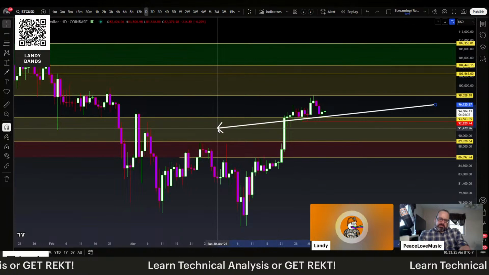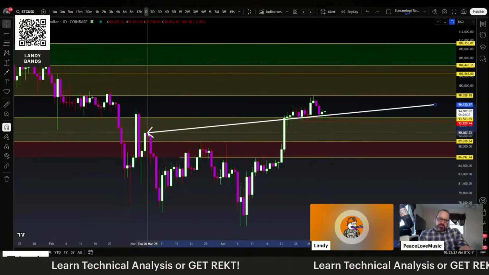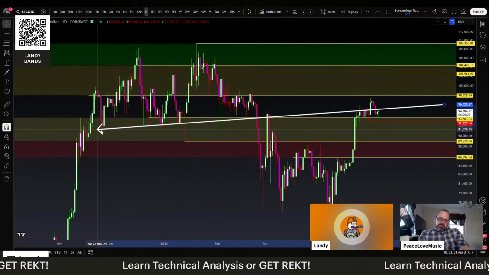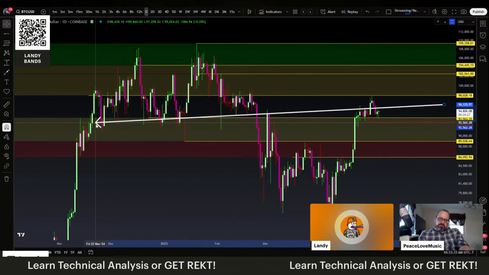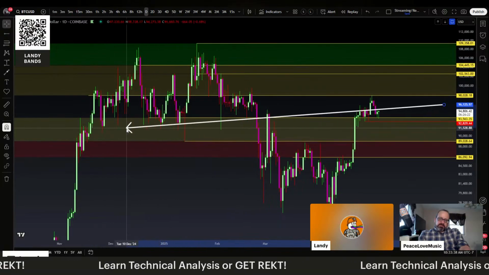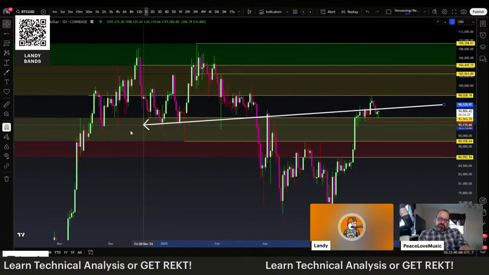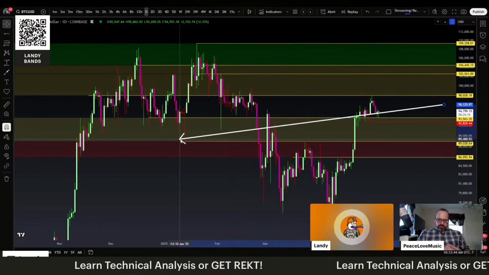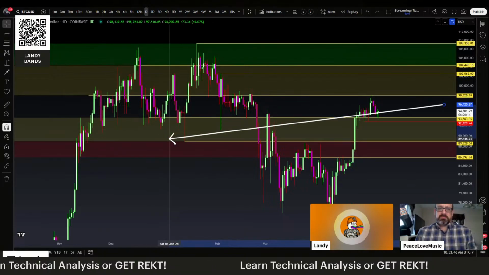And then we can look to where that comes in terms of the dailies. So we see all of these swings in here that were pivot points. We see a low. We see another big low, but in this case we see a higher low. We see a lower low.